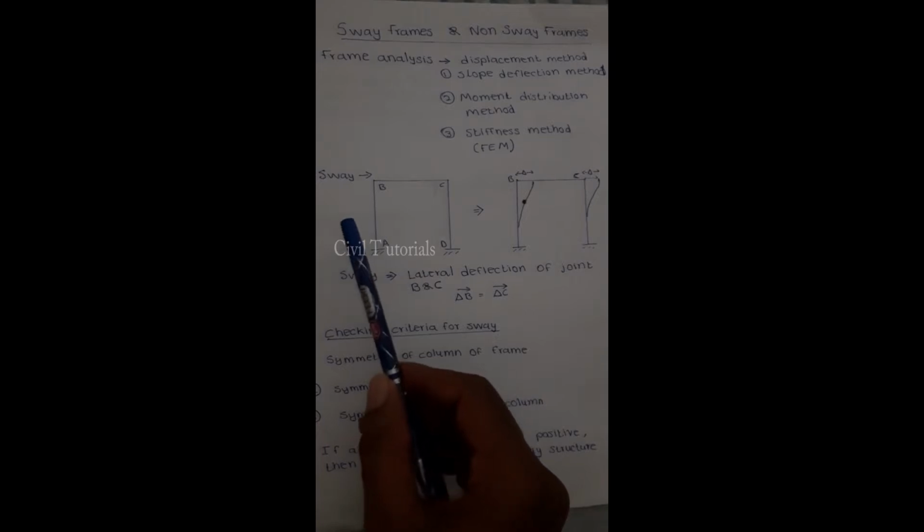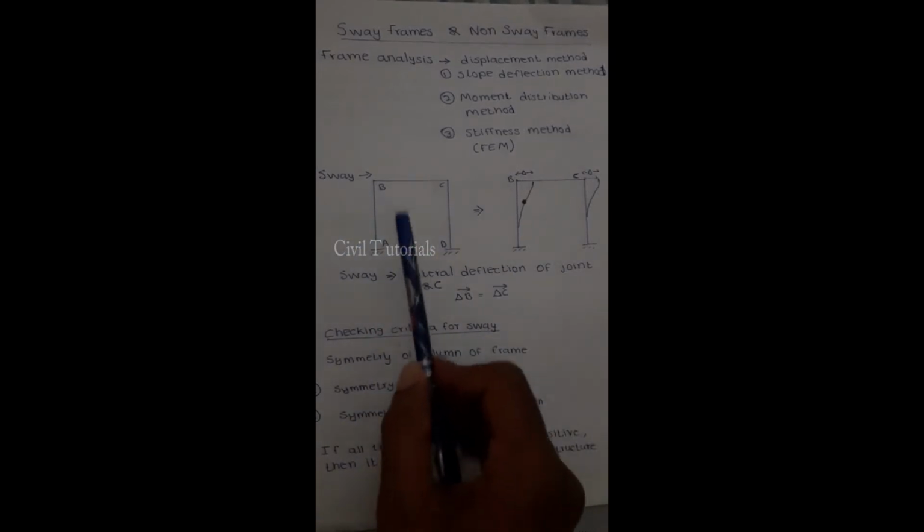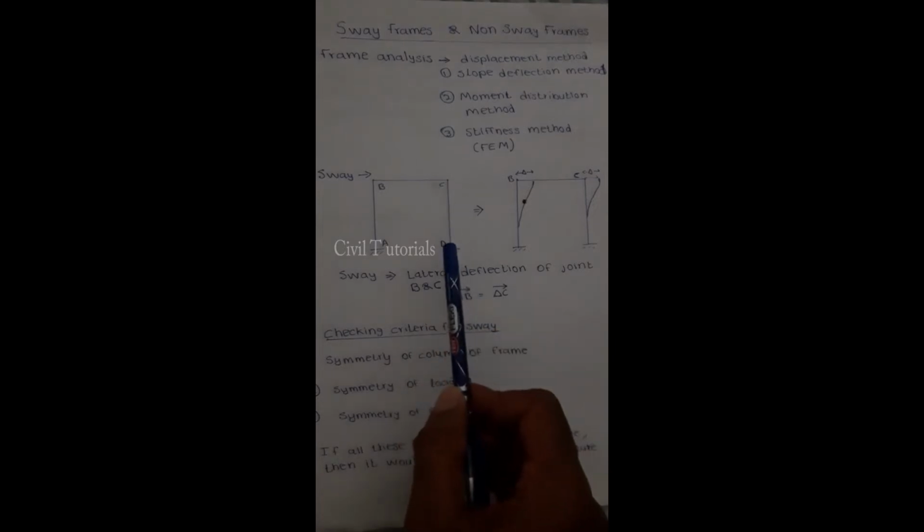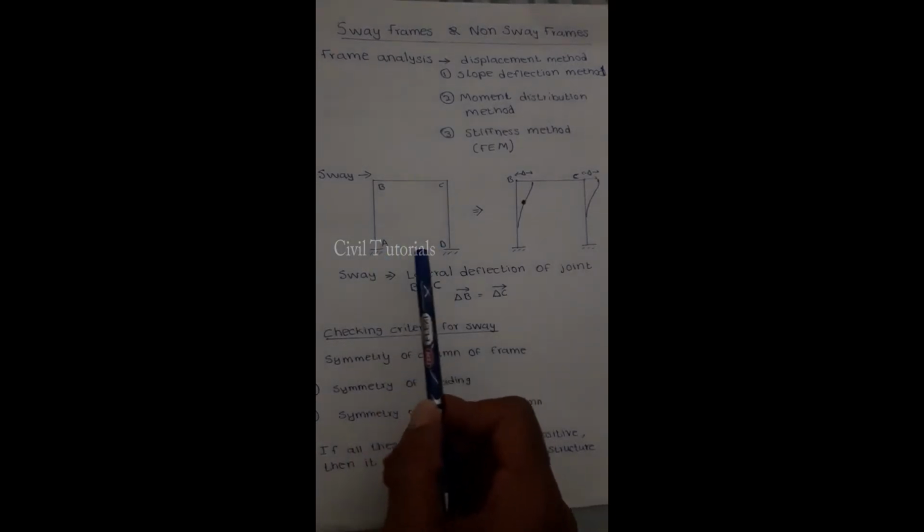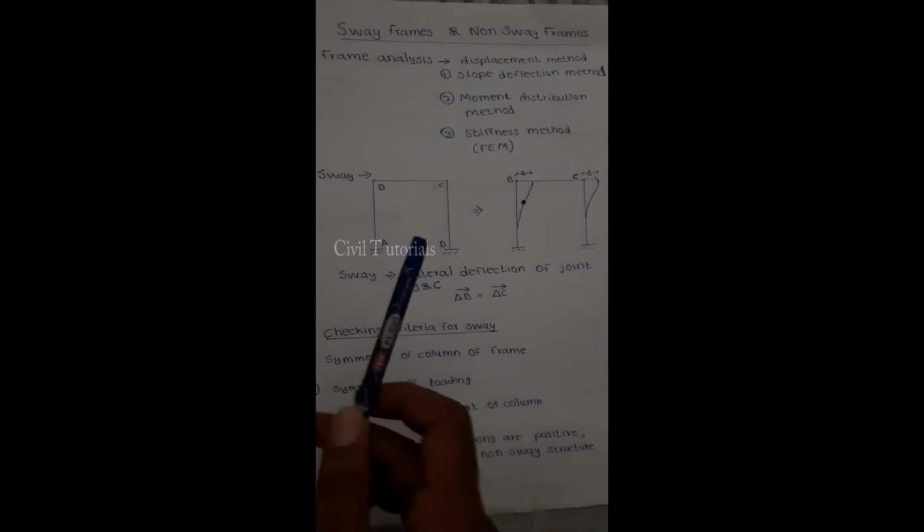Now, we are going to see what is sway. So, what is sway? Consider a structure A, B, C, D, with two fixed end supports at A and D. Now, we apply a force in the lateral direction.